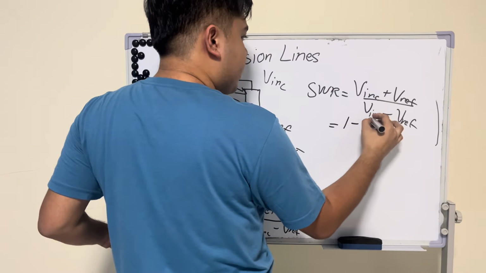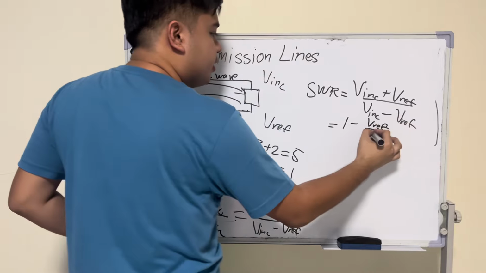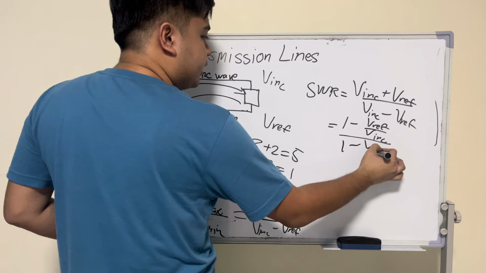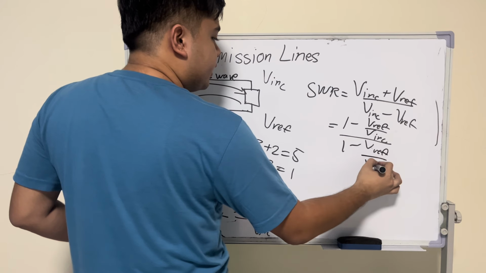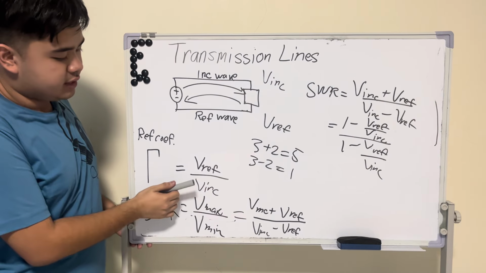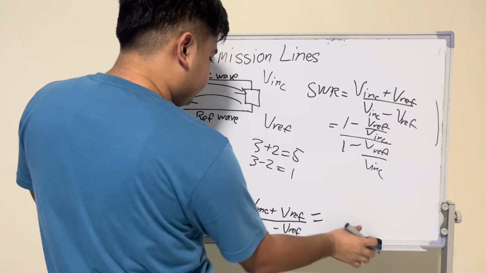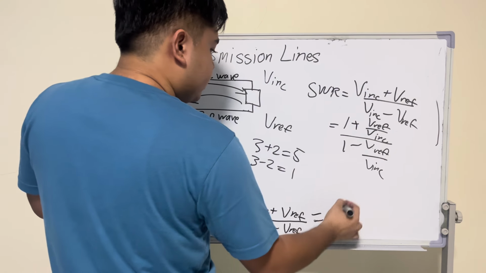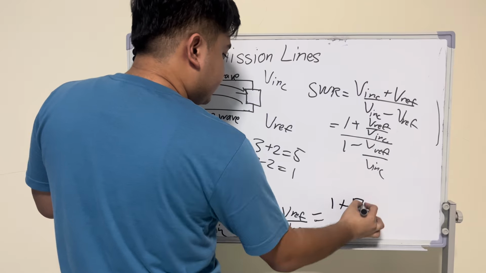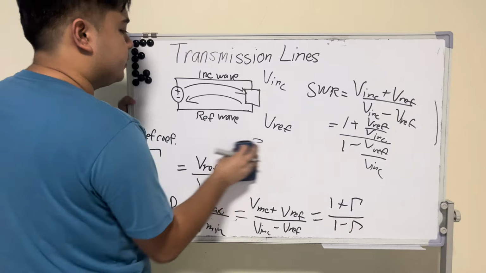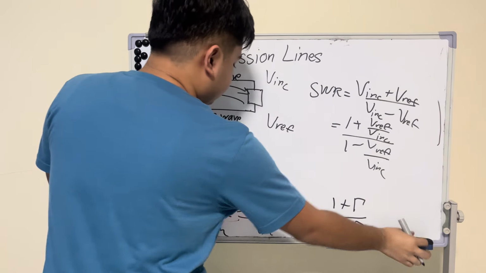We get 1 plus V reflected over V incident over 1 minus V reflected over V incident. What is V reflected over V incident? That's just gamma. So we have another formula on our hands. 1 plus gamma over 1 minus gamma.